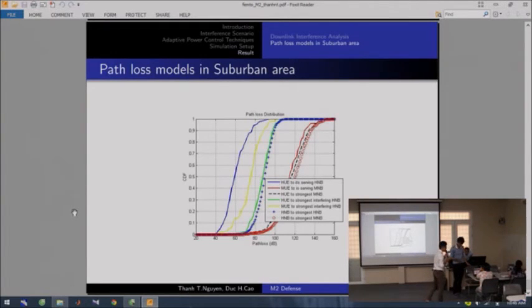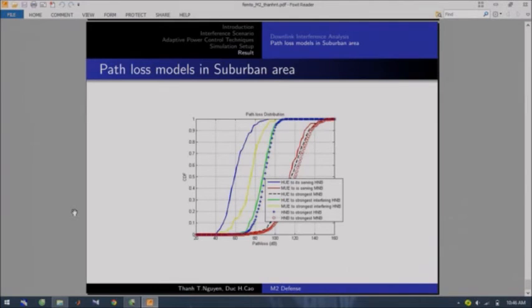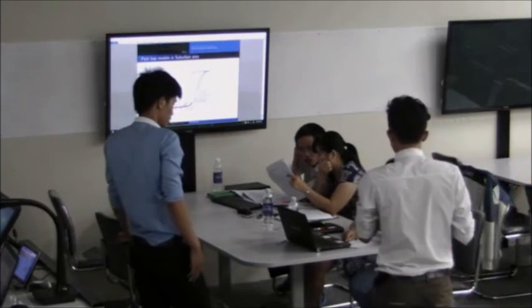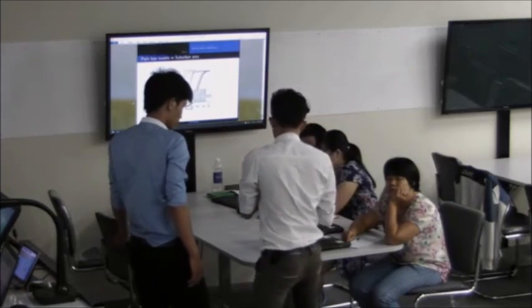It depends on the simulation scenario. So in our simulation, 80 dB, 1 meter corresponds to 37 dB. So I need to do some calculation to get the result.